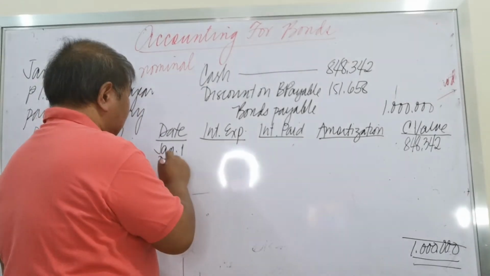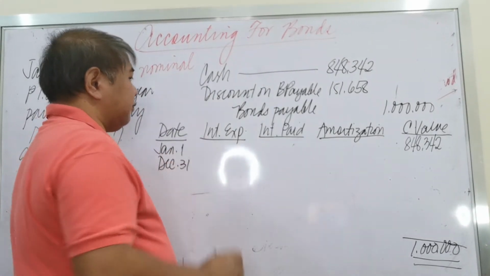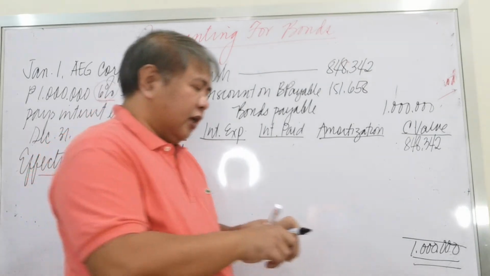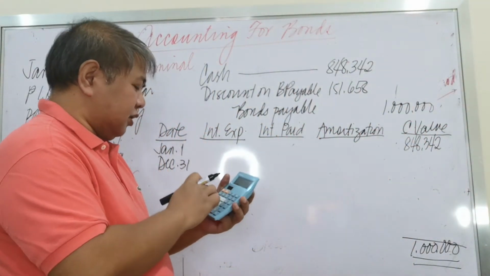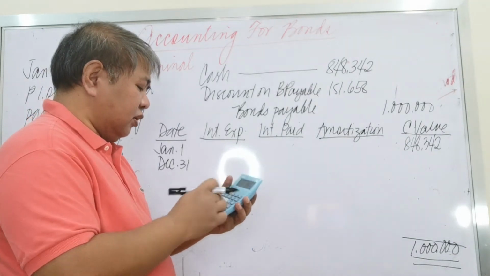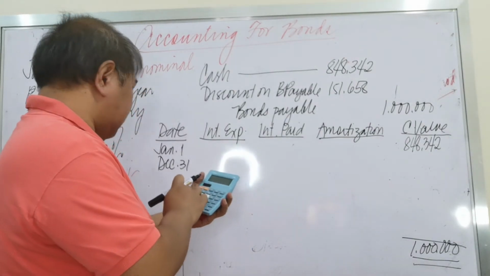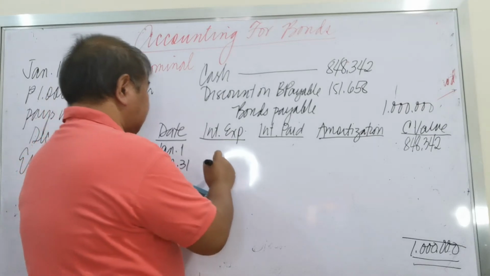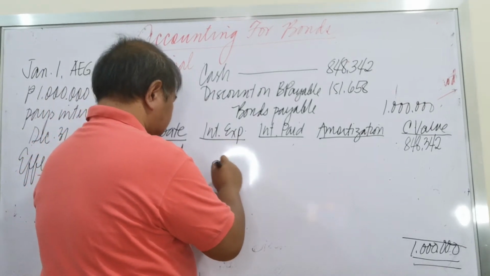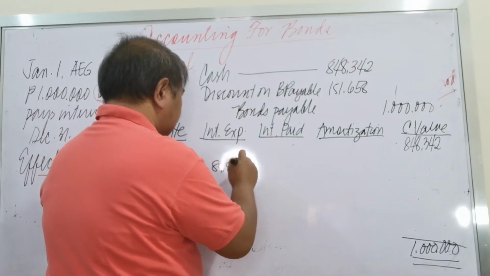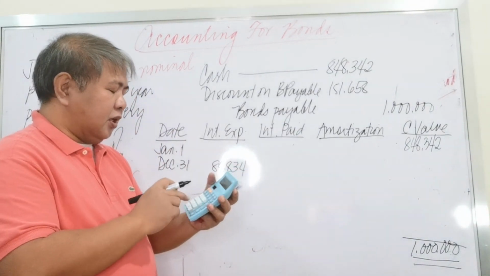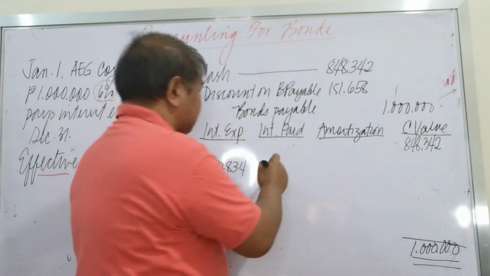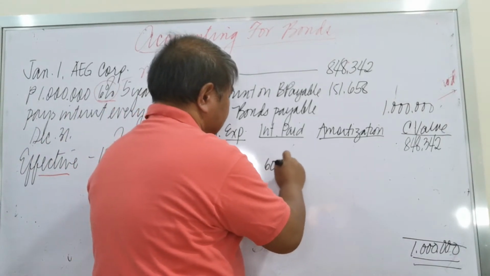So on December 31, on the 1st year, the interest expense is 848,342 times 0.10. So that is 84,834. While the interest paid is how much? That would be 6%, so that's 60,000 pesos.